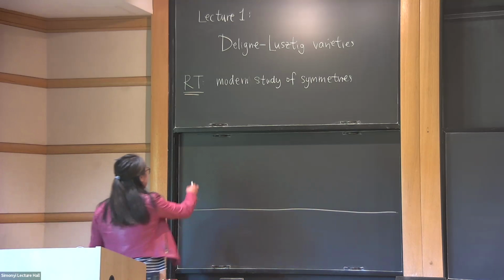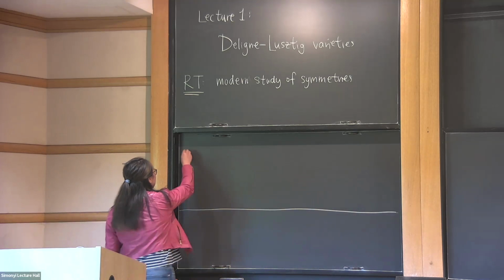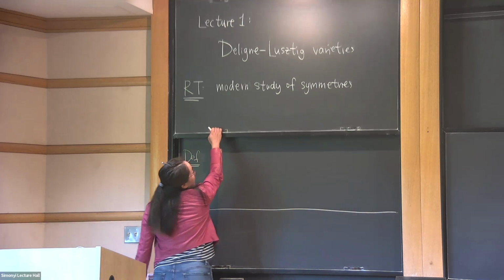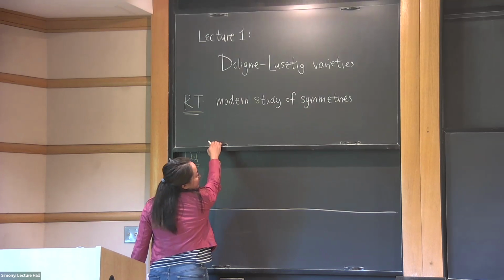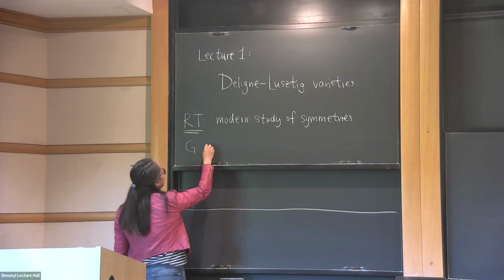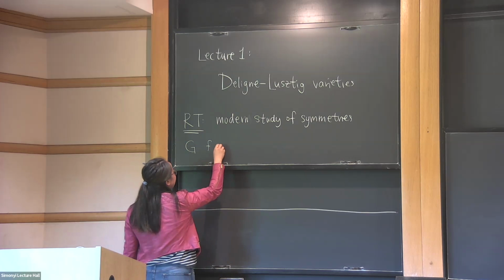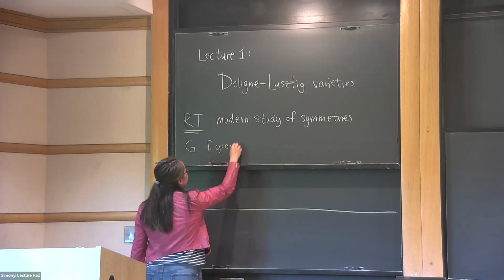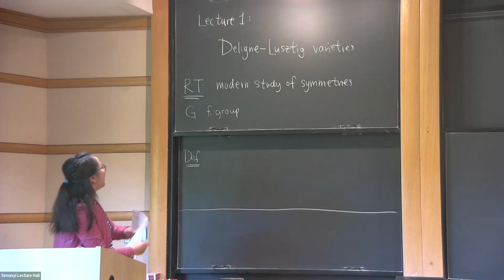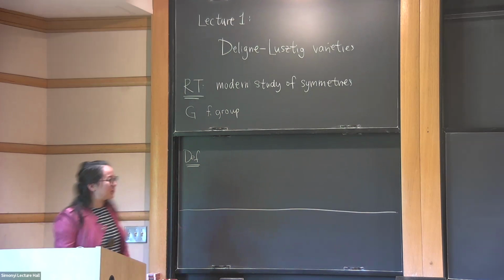So let me start by defining what a representation is. I think it's pretty safe for at least the first few talks of mine to assume that G is a finite group. And later on, actually in 5 minutes, this G will be a specific finite group as well.